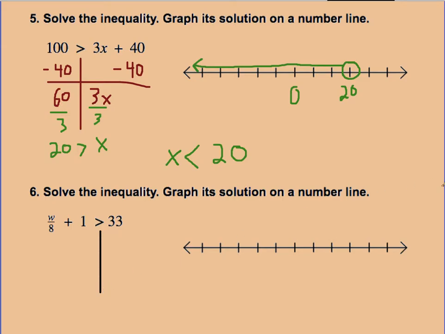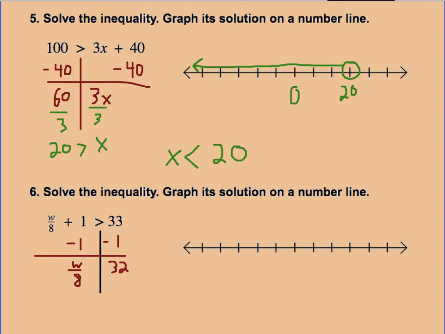All right, let's look at the next one here. It says solve the inequality, graph its solution on a number line again. So inverse operations, minus 1. So I get 32 here. And I get w over 8. And what's the inverse of this? Remember, this is divide by 8.